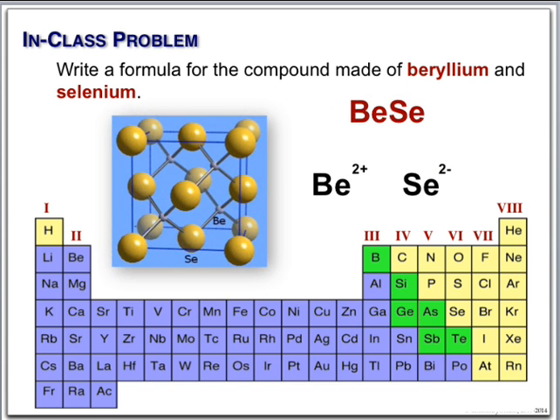Once again, this is what it looks like, and it's crystal, little tiny beryllium, big sulfurs, in a very nice array. We named it. The root here is selen. So this is beryllium selenide.